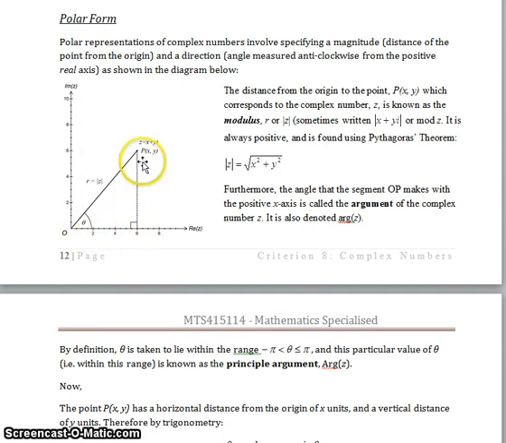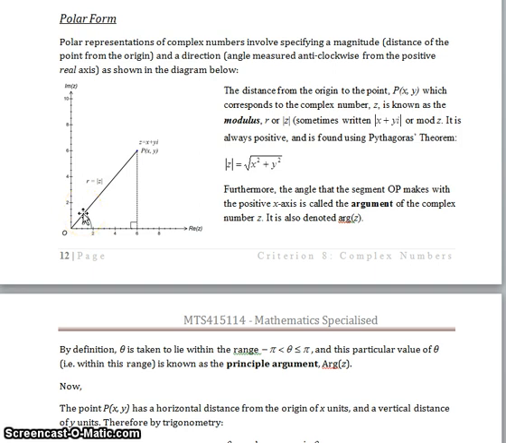Now if we know our x and y values from the rectangular form, z equals x plus yi, then we can find theta by using our tan ratio, because tan theta is equal to the opposite over adjacent, and our opposite side is going to be the imaginary part, y, and our adjacent side to the angle is the real part. Whenever we find our angle theta, our argument, we first look at what it is in the first quadrant.